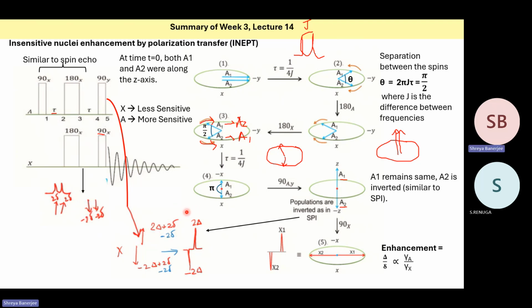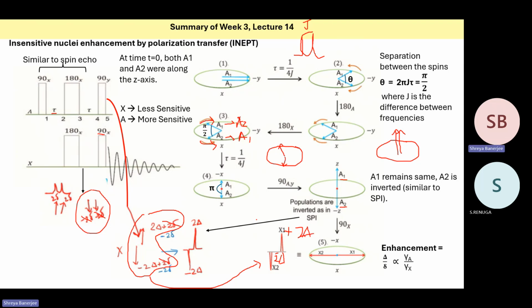So to get the net signal of X, you have to add this and this. If you add these, the two deltas will cancel out, and you will get the signal of X as one below and one above, that is minus 2 delta and plus 2 delta.